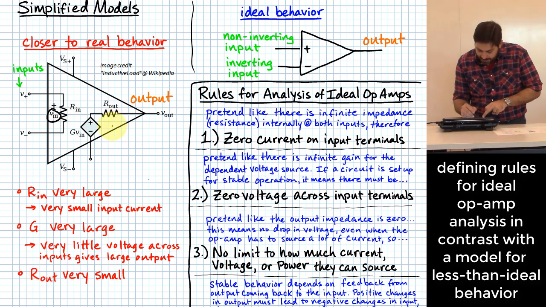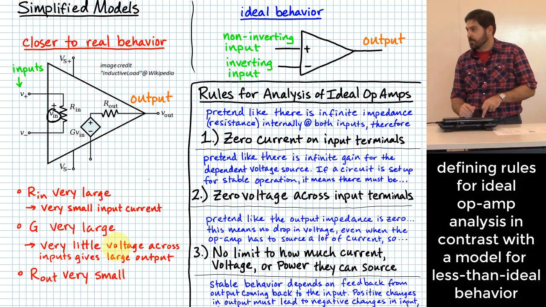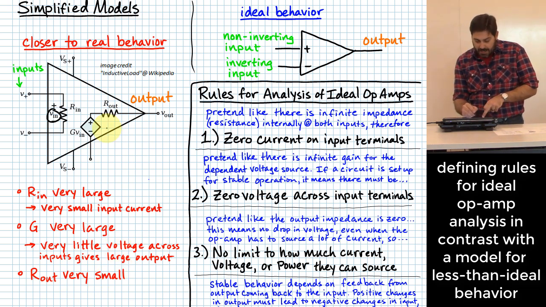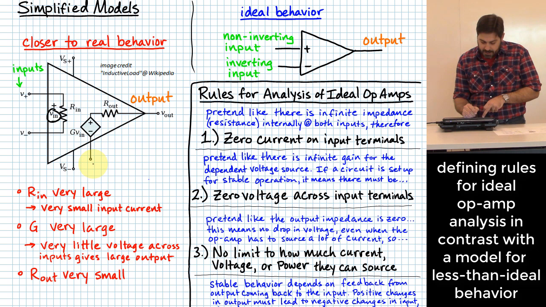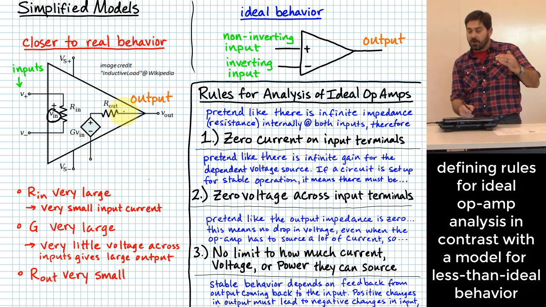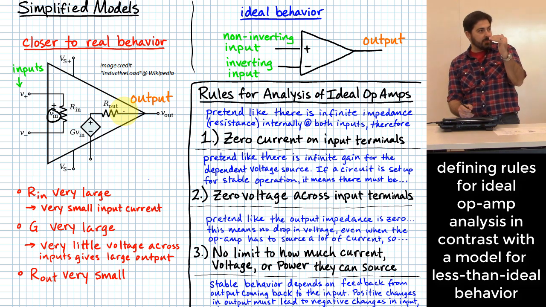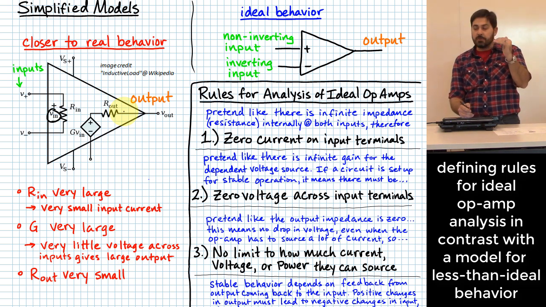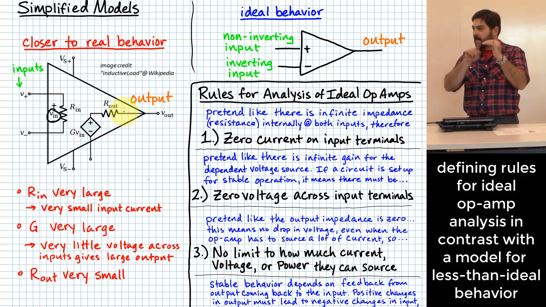Lastly, R out being as small as possible. The reason R out is included in this kind of real behavior model is that real op-amps typically have a hard time holding whatever voltage they were supposed to be putting out if you demand that they also put out a lot of current at that voltage.